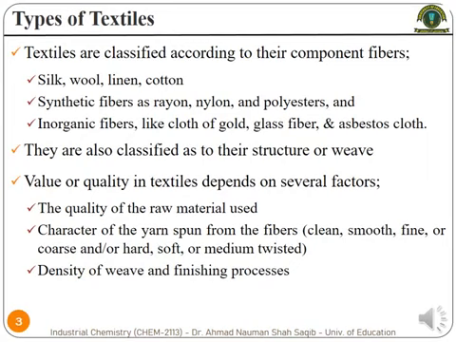So this is another category of textile which are made of the man-made or synthetic fibers. Similarly, there are textile products which are made from inorganic fiber like cloth of gold, glass fiber or asbestos cloth. So based on the type of fiber which we are using, we can classify them into different categories, either made from natural fiber, made from synthetic fiber or some kind of inorganic fiber.